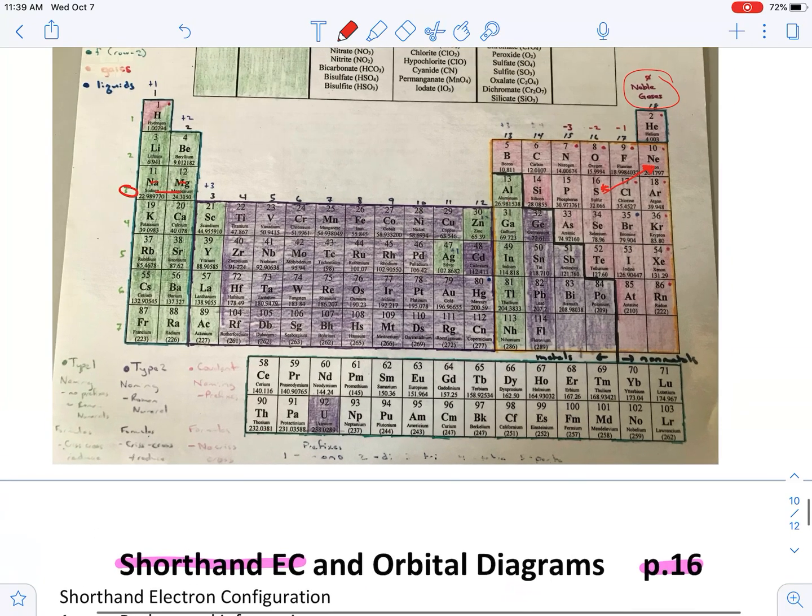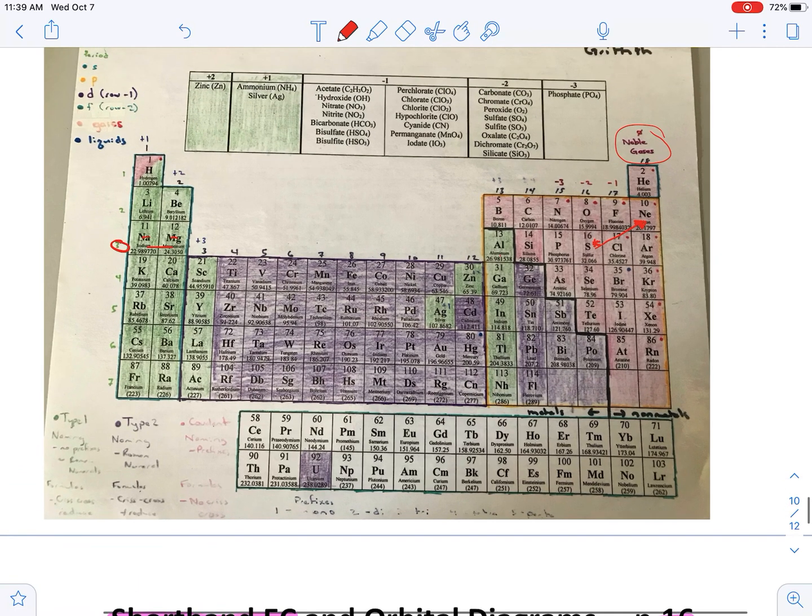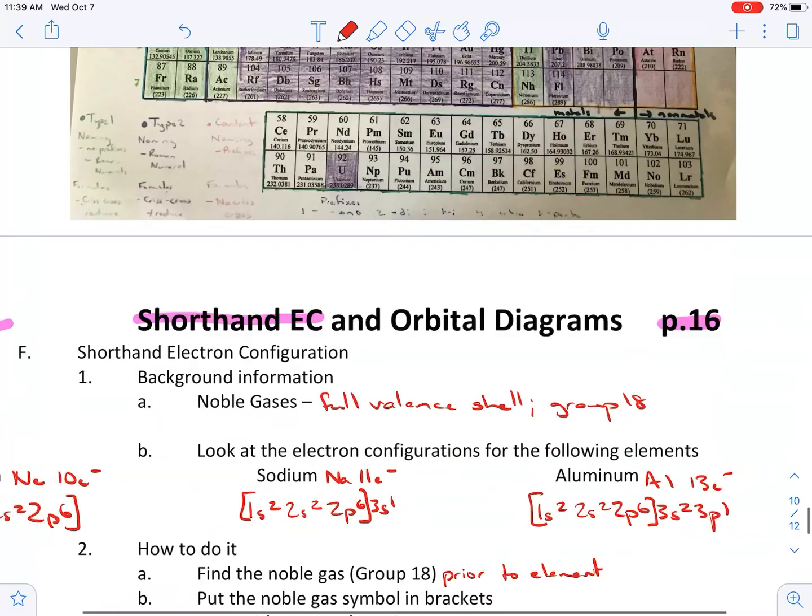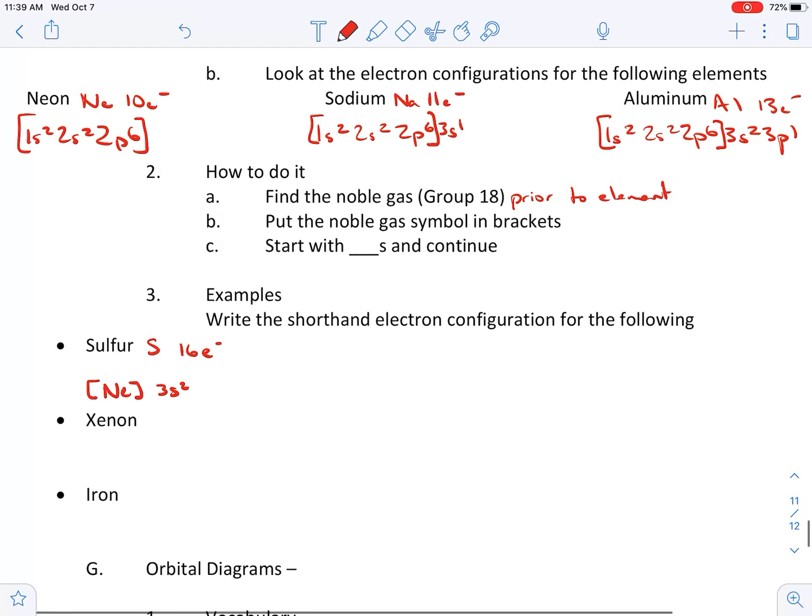Mine are outlined in orange. So we count p1, p2, p3, p4. So S would be 3p4, and that is our shorthand. And the other thing about our shorthand is we now don't have to memorize that long little 1s, 2s ditty. Awesome.